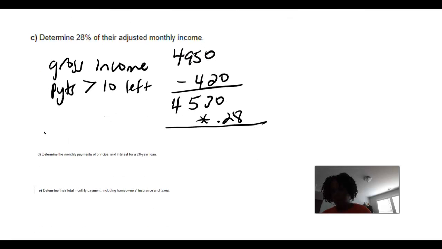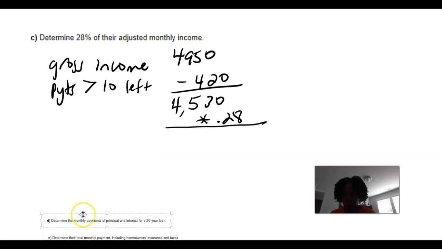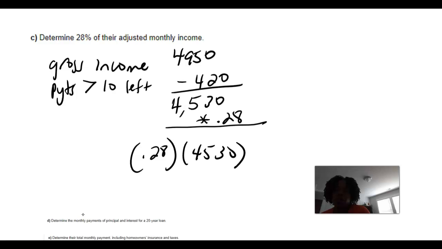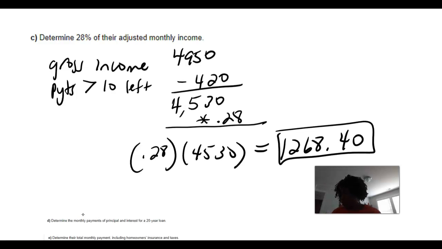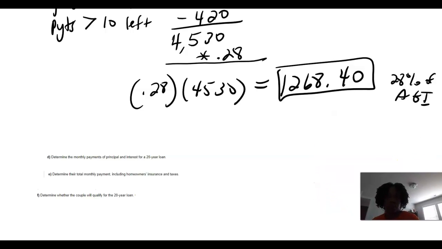And then we get that 28% of $4,530 is $1,268.40, and this is 28% of their adjusted gross income.